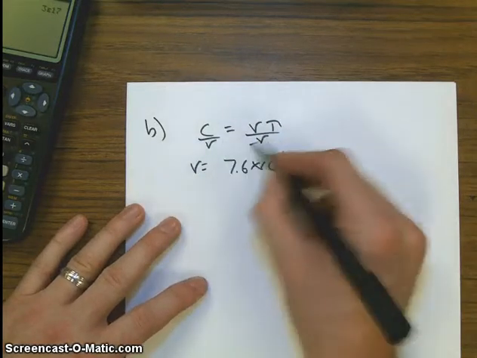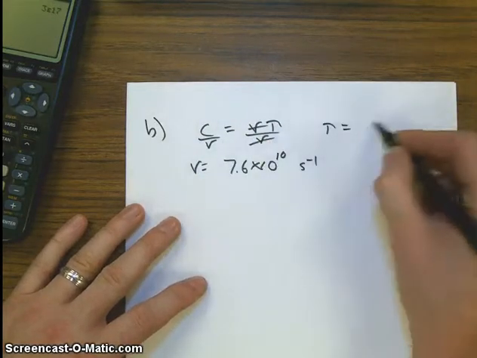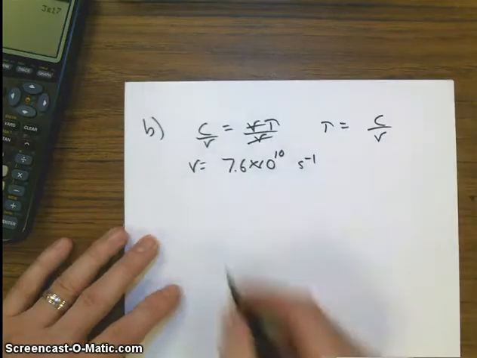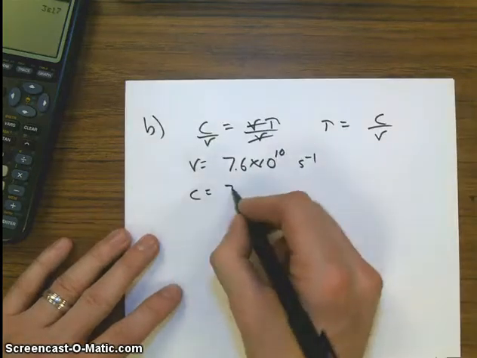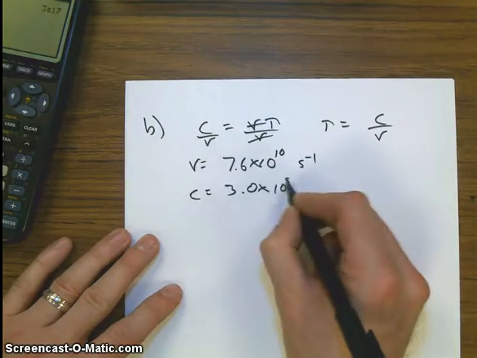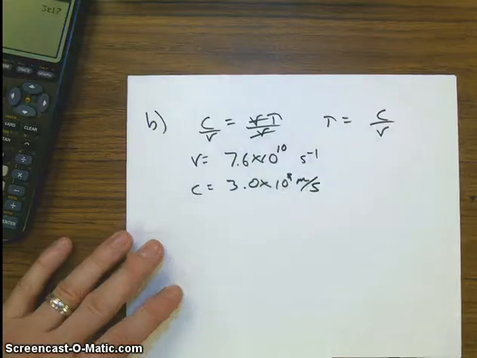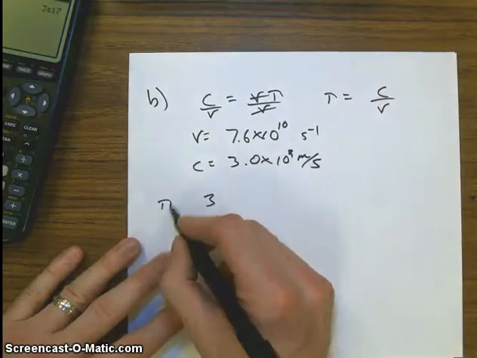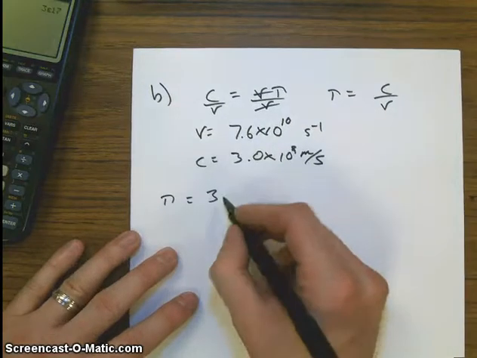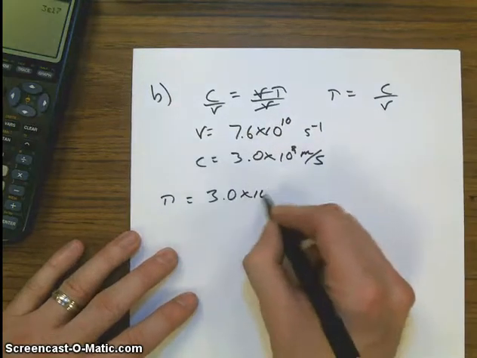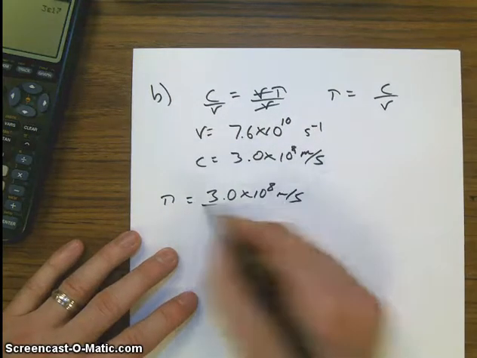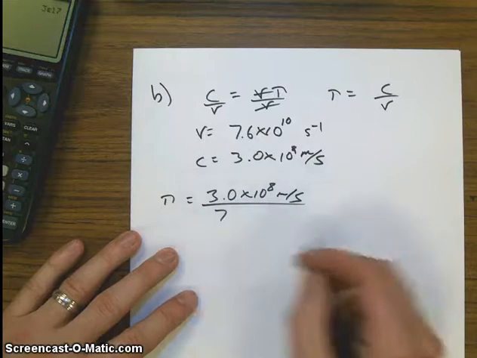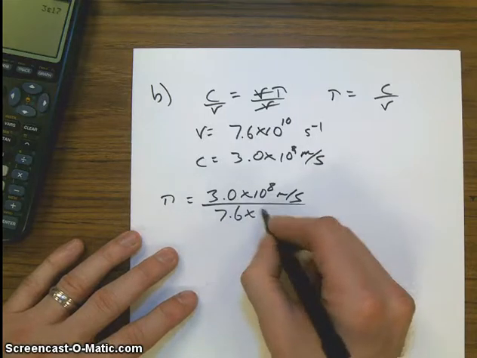Frequency goes to the other side. So lambda equals the speed of light divided by the frequency. Don't forget that the speed of light is always 3.0 times 10 to the 8th meters per second. I believe that's on your formula sheet. Then you just plug these two numbers in. So lambda is equal to 3.0 times 10 to the 8th meters per second divided by the frequency, 7.6 times 10 to the 10th.